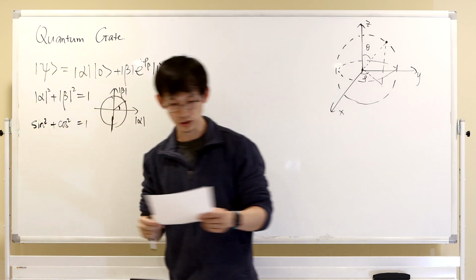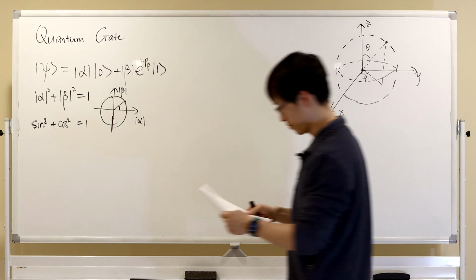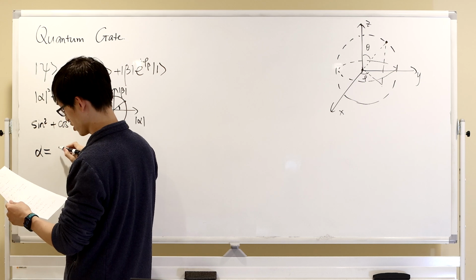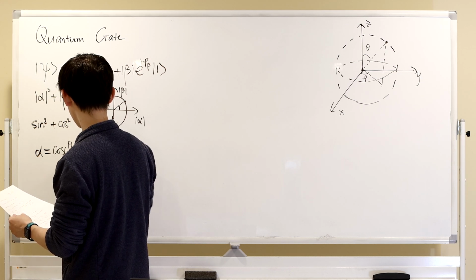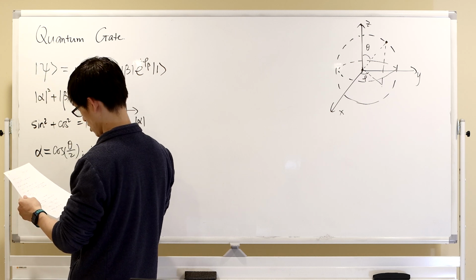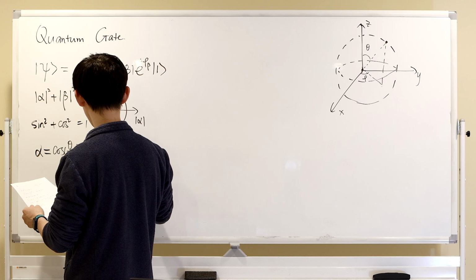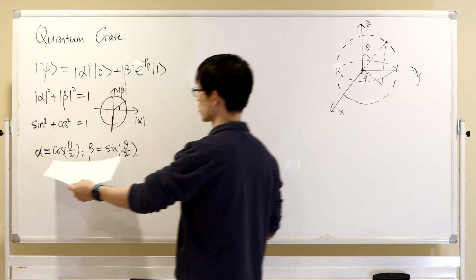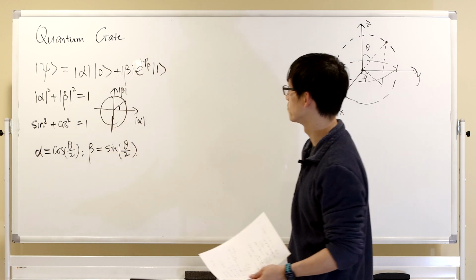The way we do it is to let alpha equal cosine of theta divided by 2, and beta equal sine of theta divided by 2. This makes sure that alpha squared plus beta squared equals 1.